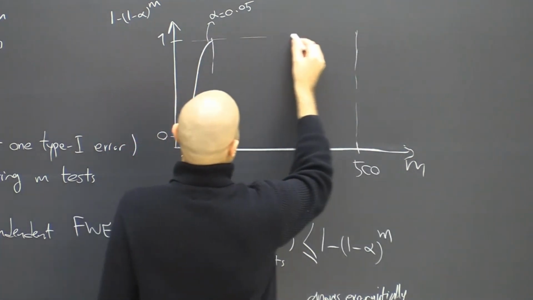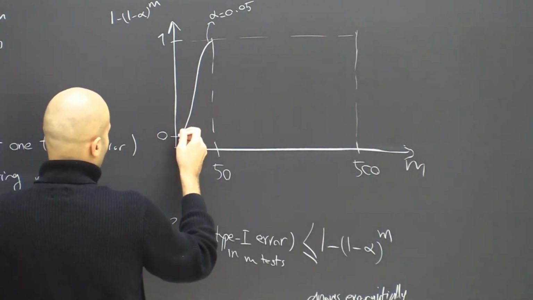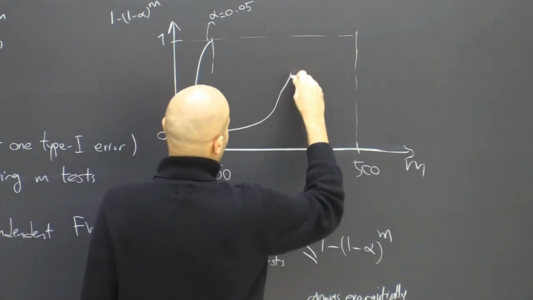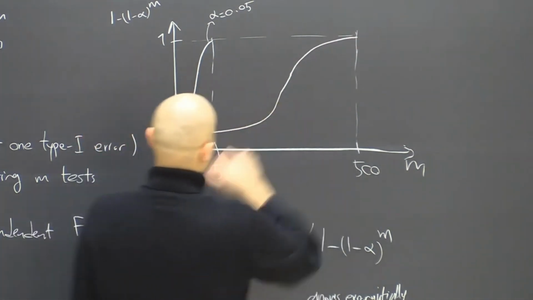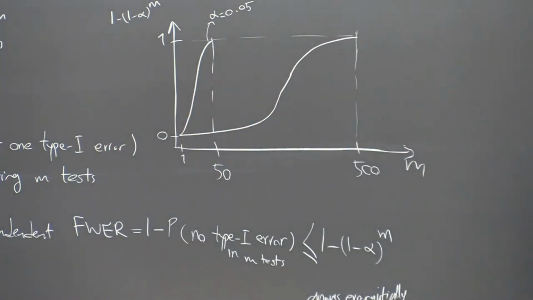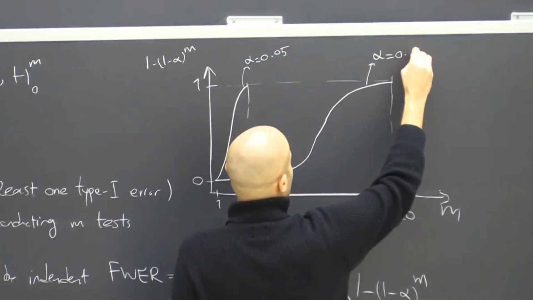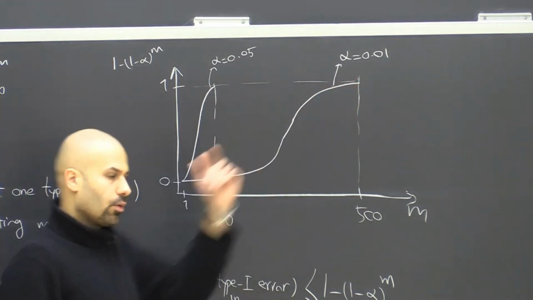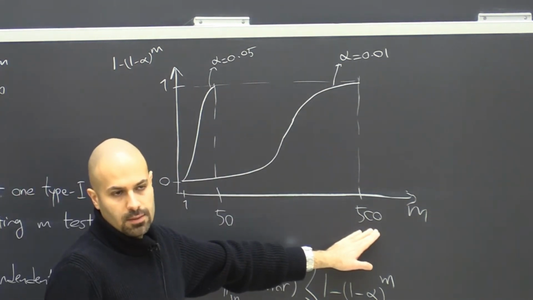So if we use alpha equal to 1%, we're going to have a plot like this. Actually it goes up much faster than this. So even if we have a lower tolerance for type 1 error for each of these tests, the same thing happens. It just happens for a larger number of tests.